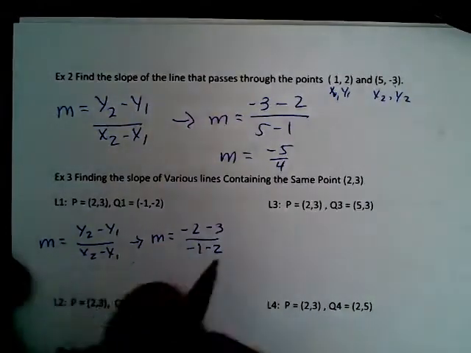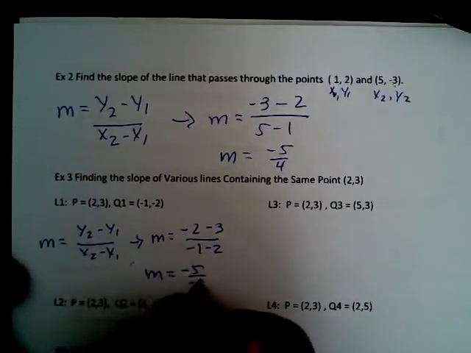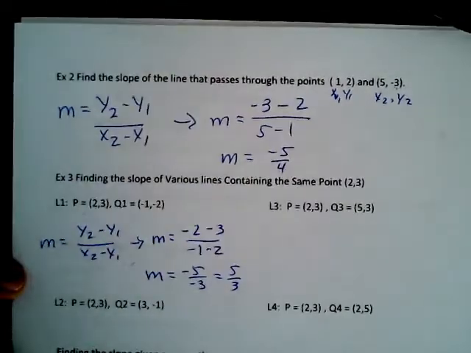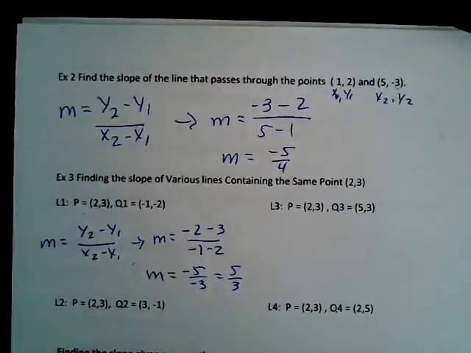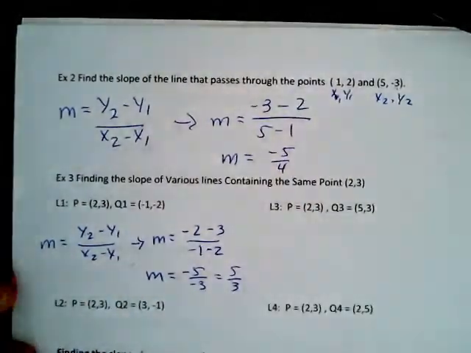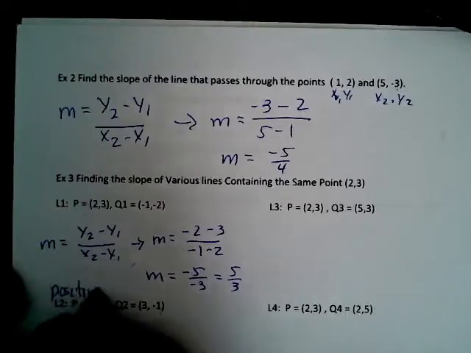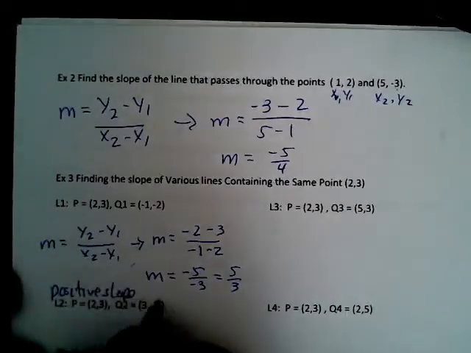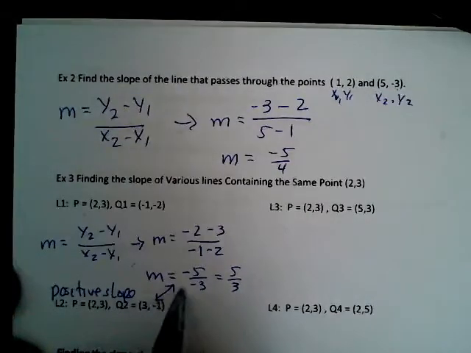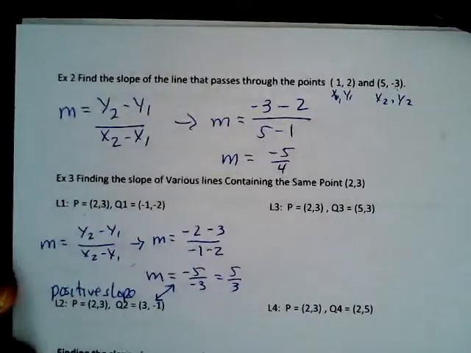Watch your signs here. So that's negative 5 over negative 3, which is 5/3. Now this slope overall is positive. So we identified this as positive slope, and with a positive slope, we always know the line, what I call, goes uphill. It increases as you move left to right on the graph.